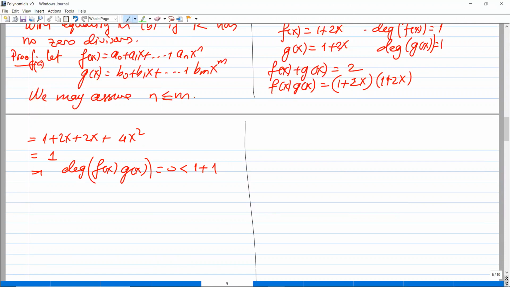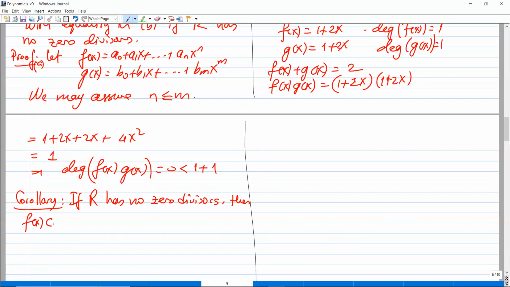Okay, so here's a corollary of the statement. If R has no zero divisors, then the degree of f times g is the degree of f plus the degree of g by the above proposition.